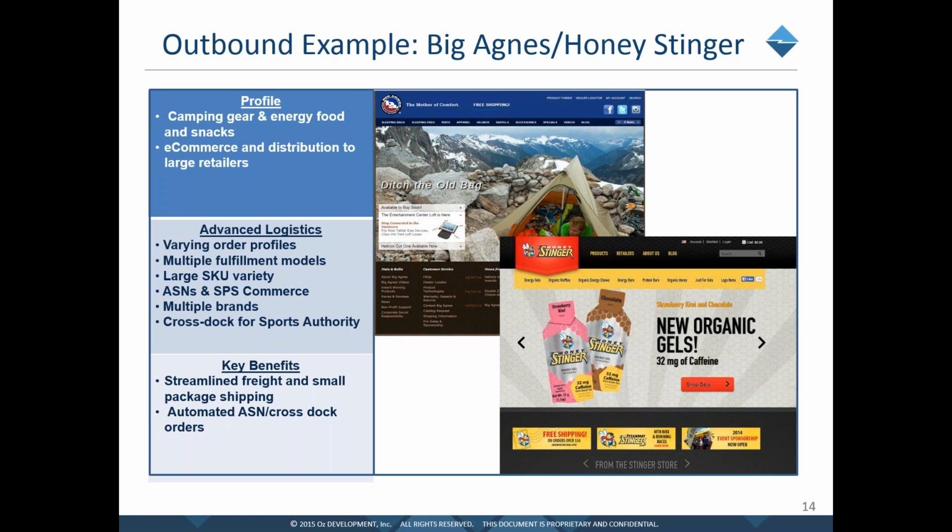The other thing that came into play for Honey Stinger was that some of their products, I think particularly on the Big Agnes side, go through a cross-docking process. One of their customers said to them, we're going to order 75 of these sleeping bags, and you're going to ship them to our distribution center, but we want them pre-packaged so that we get each of these 3 varieties to each retail store.